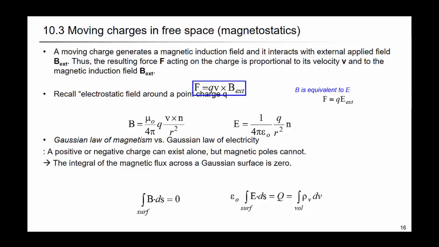Then the force can also be calculated from this B and the Q times v. So here, when you have a conductor in which the Q is moving, and you put the Q outside this conductor, the force exerted by this moving Q is F. And this F is Q times v cross product of this magnetic induction field.